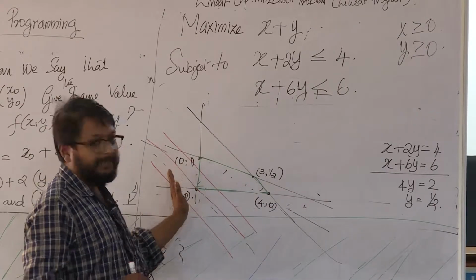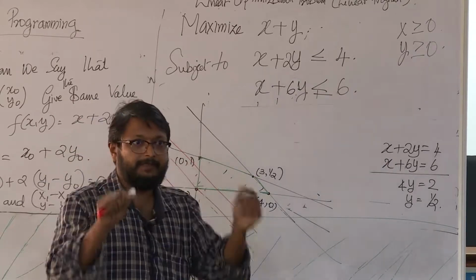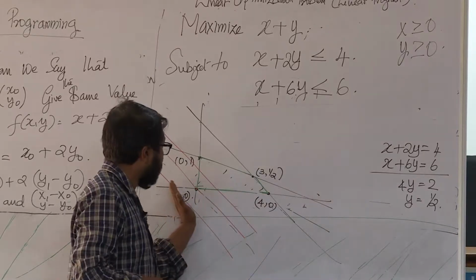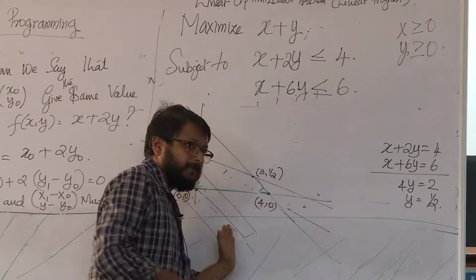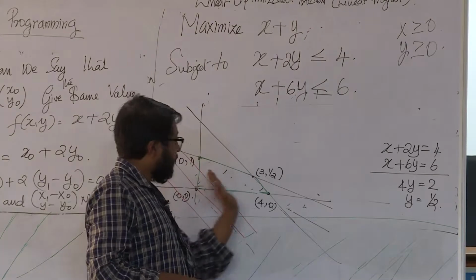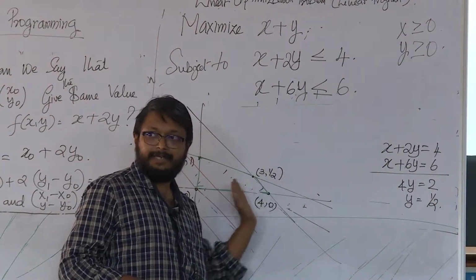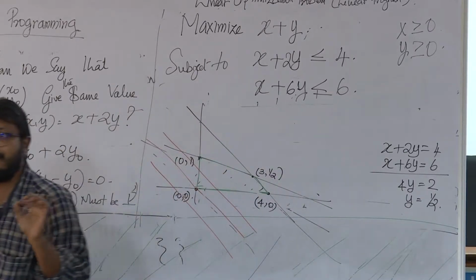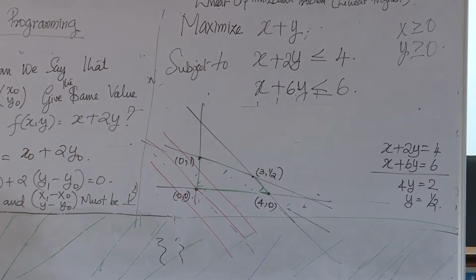So what I am essentially trying to do, if you want to solve it using scale and pencil, is draw a line parallel to x plus y equals 0 in this region to the extent possible, such that there is at least one point on the line which is in this region. Is this very clear?